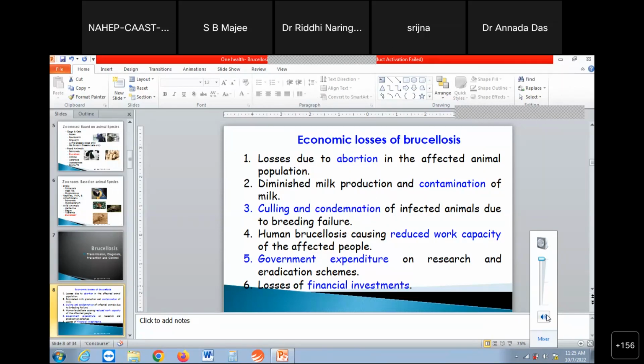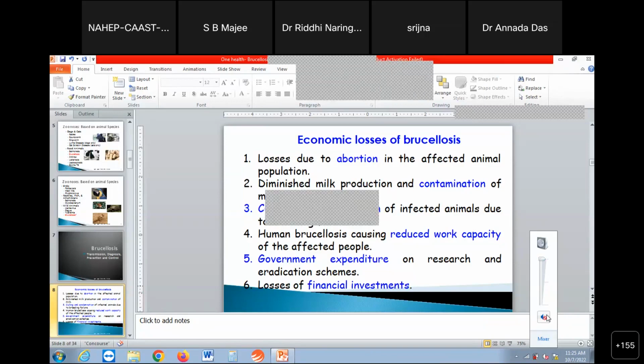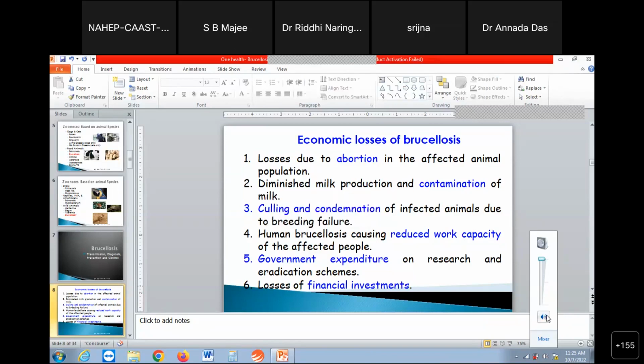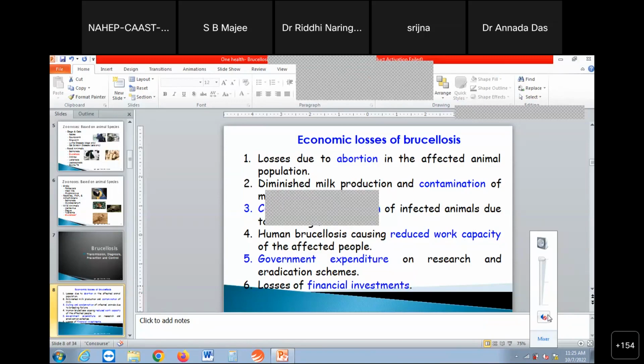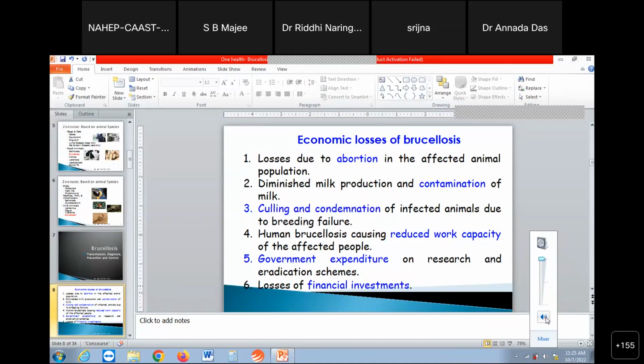In human brucellosis, on the other hand, we see reduced work capacity because of the constant undulating fever, the joint pain, arthritis, etc. Not only that, there is a lot of government expenditure on research and eradication schemes, and there are losses of financial investment, especially by the farmers.